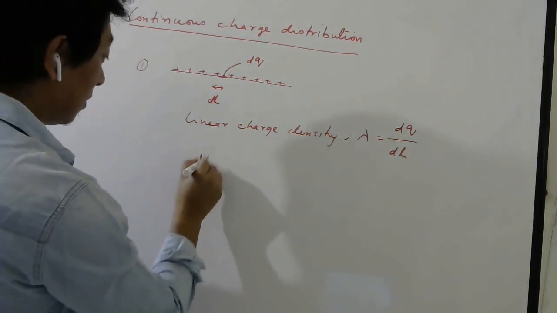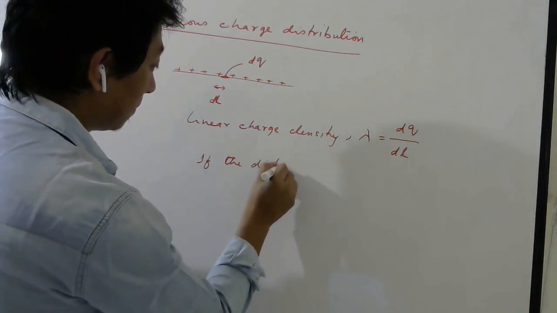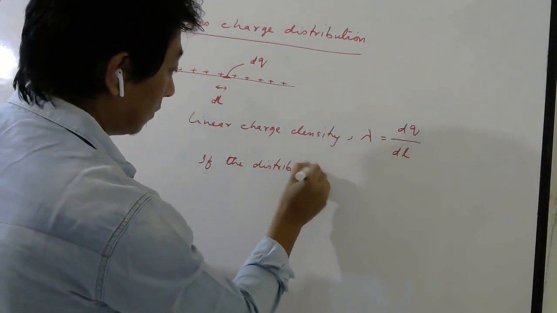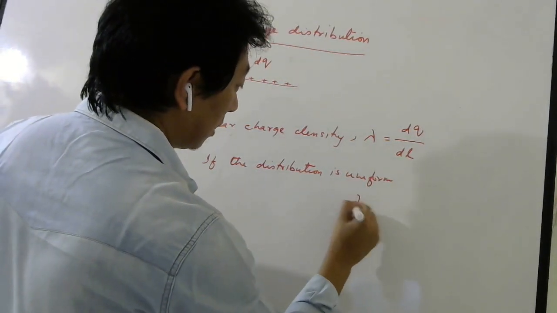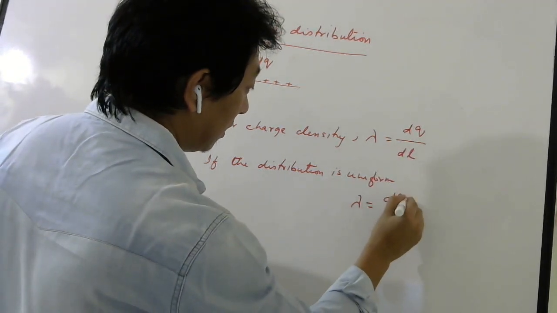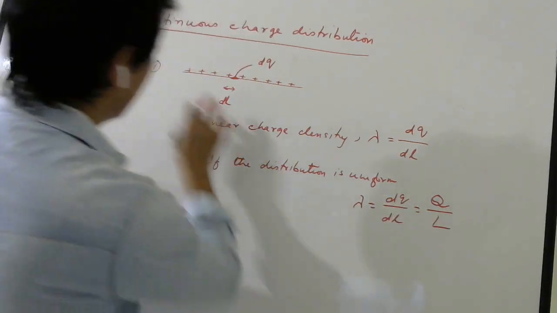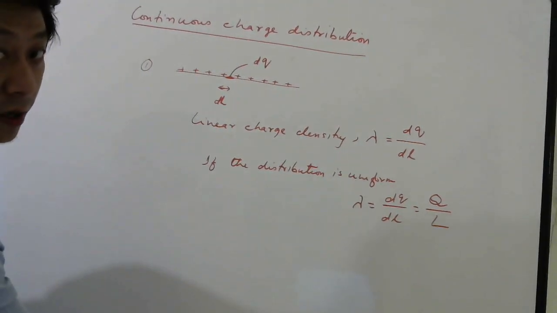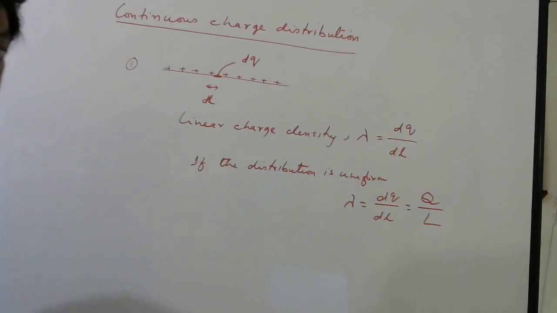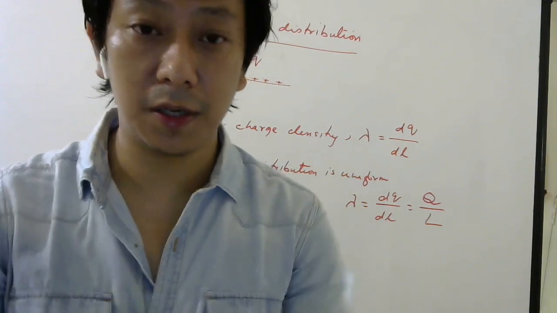If the distribution is uniform, then you can also write this dq by dl as total charge by total length. So if you have water in a bucket, and you know density of water is uniform, density of water is constant.